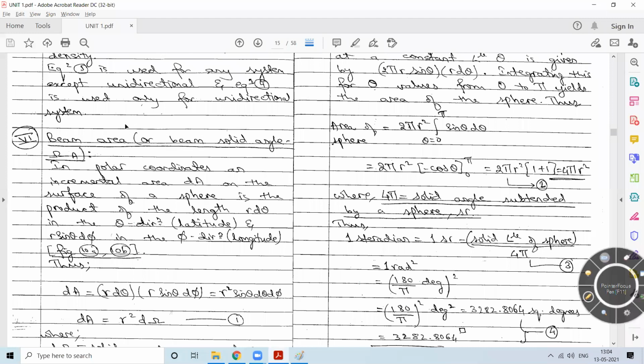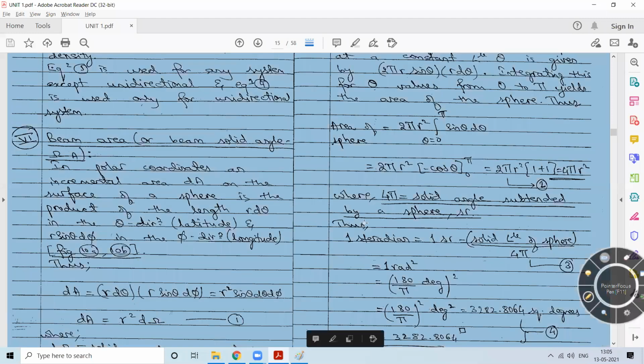So beam area gives you information pertaining to the radiation pattern, that is, how large the radiation is when an antenna is observing it, which is identified with omega A. And what is omega A given by?